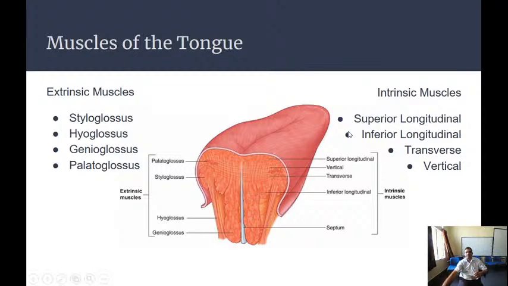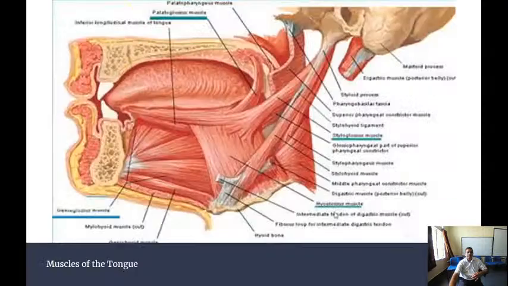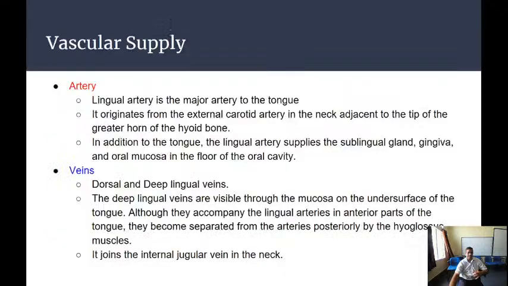These are the intrinsic muscles of the tongue. All these muscles of the tongue are innervated by the hypoglossal nerve, except the palatoglossus muscle, which is supplied by the vagus. Those are the muscles that comprise the tongue.